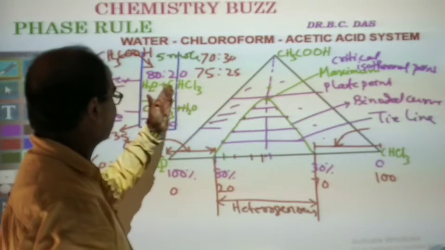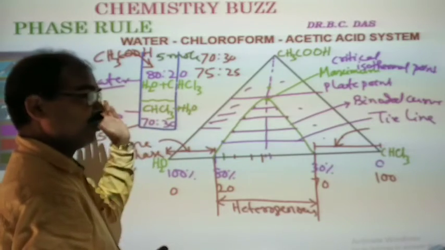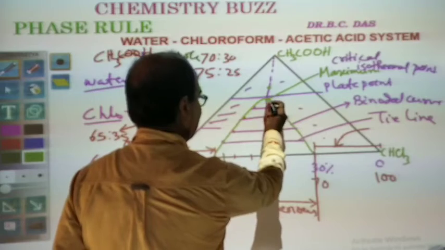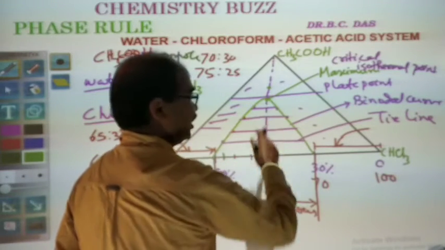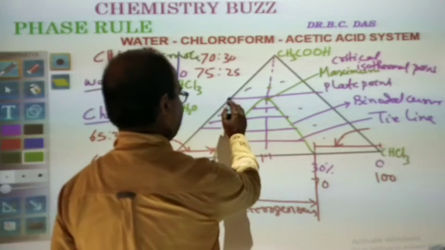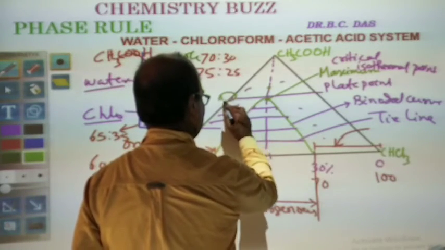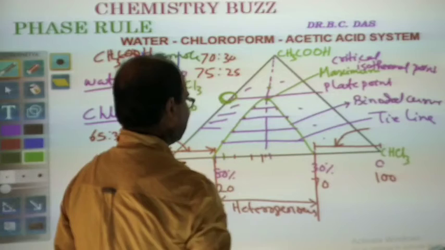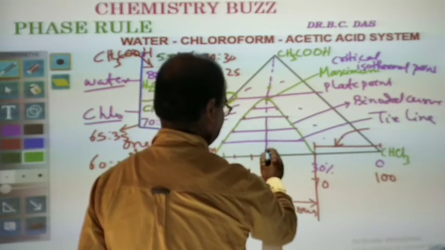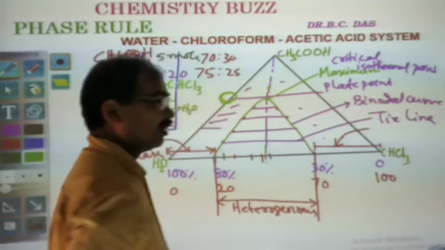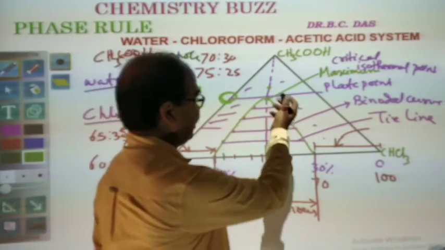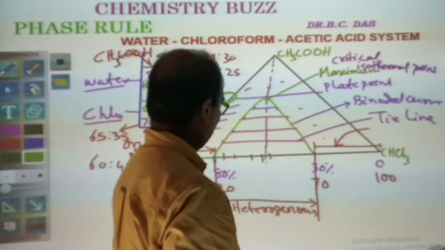So water is 50% miscible in chloroform, and chloroform is 50% miscible in water, so that complete miscibility occurs in the presence of acetic acid. So this will be the composition of the acetic acid, and this is the composition of the water and chloroform where a single phase is formed.